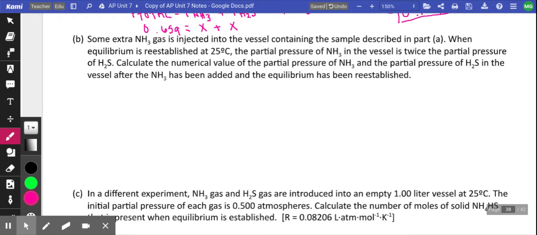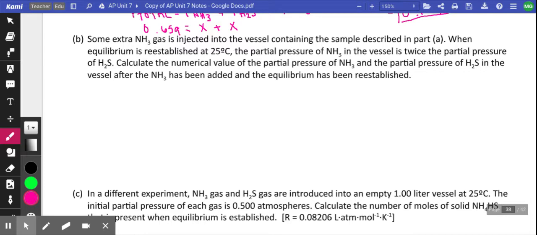Looking at this next problem, it wants me to calculate the new pressure once equilibrium has been reestablished. Equilibrium had to be reestablished because some extra NH3 was added into this system. After that addition, we found that the pressure of NH3 was twice that of H2S. So back in that ICE table, instead of the pressure of NH3 at equilibrium being x, now it's going to be 2 times x.